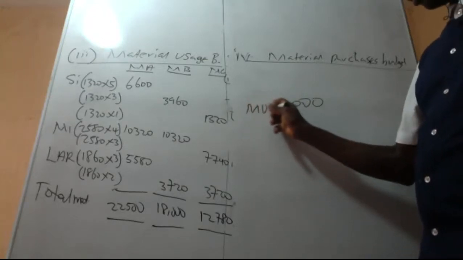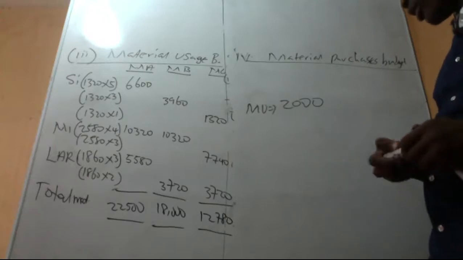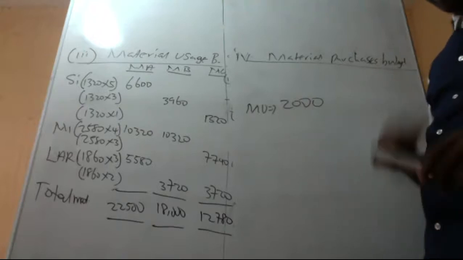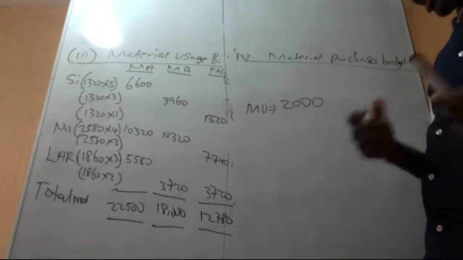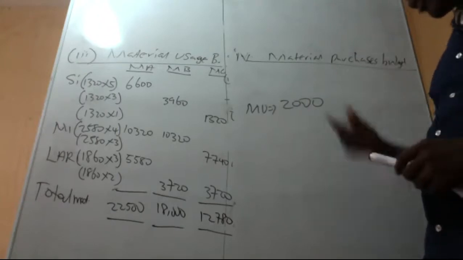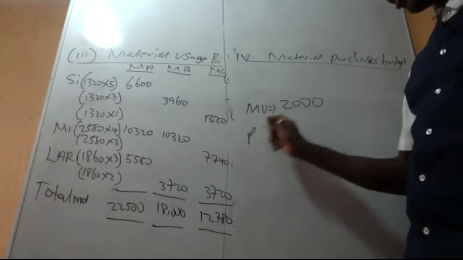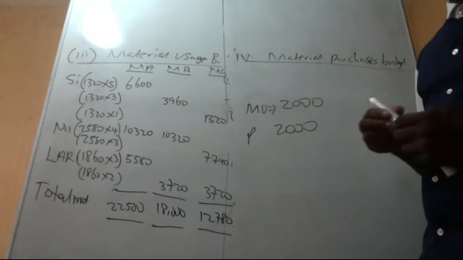We need it to produce. Assuming that we don't have any material there at all, how many units should we go and buy? The entire 2,000. Why? Because you don't have any of the materials there.